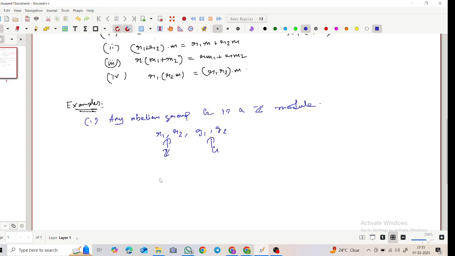r1 and r2 are integers, right? So (r1 plus r2) g is of course r1 g plus r2 g. Vibhushan, are you getting it?